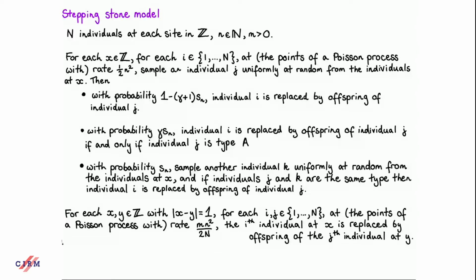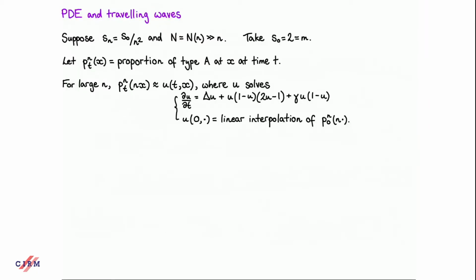So it turns out that to get a non-trivial limit, we want to take Sn, the scaling parameter, to be some constant S0 divided by n squared. And we're also going to suppose that capital N, the number of individuals at a site, is much bigger than the scaling parameter little n.